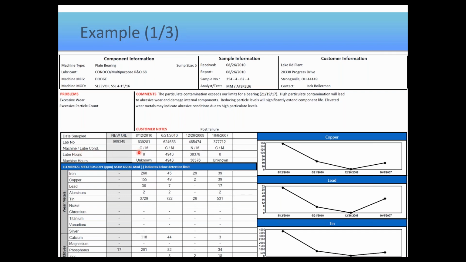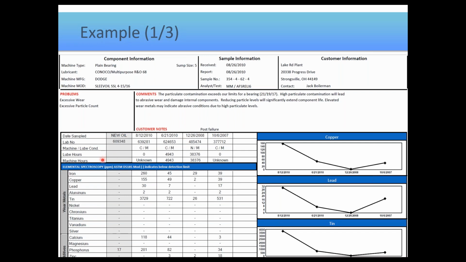So we've identified the machine in critical condition for the last couple of samples, the lube in marginal condition for the last 4 samples. So it seems like we've probably had some warning signs along the way that things weren't looking right with the lubricant, and inevitably the machine went critical. And like I said, up here it tells us it did fail. So there's some hints as to what we're about to see.